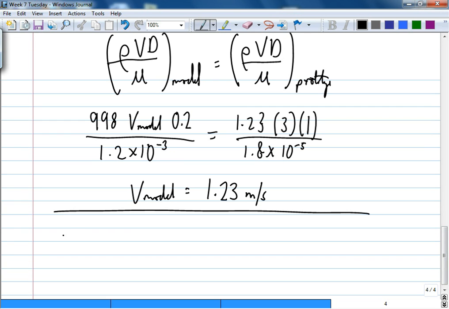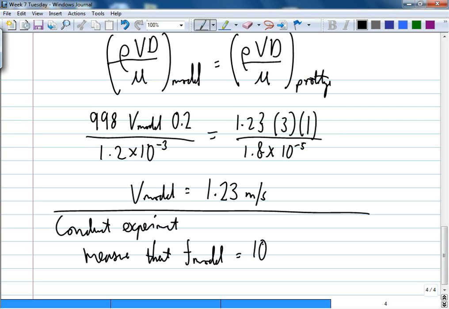Conduct experiment. Measure that F in the model is maybe 10 hertz, for example. What is my F prototype? The prototype is a question mark.